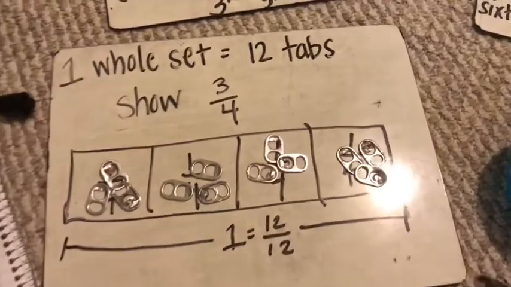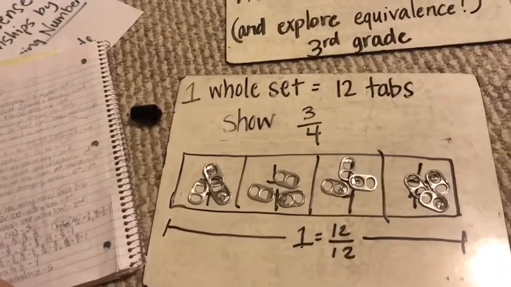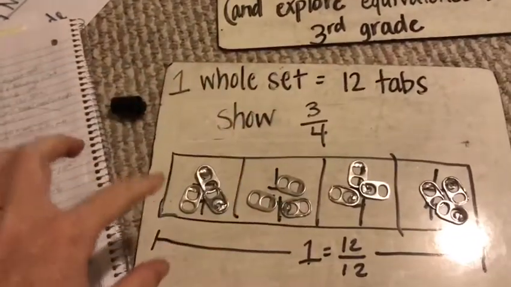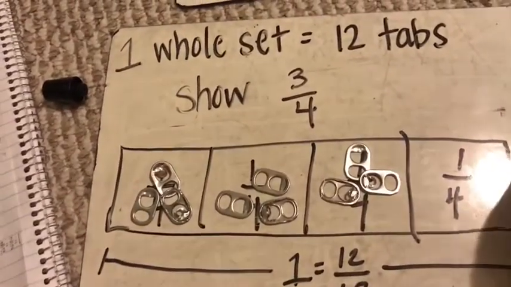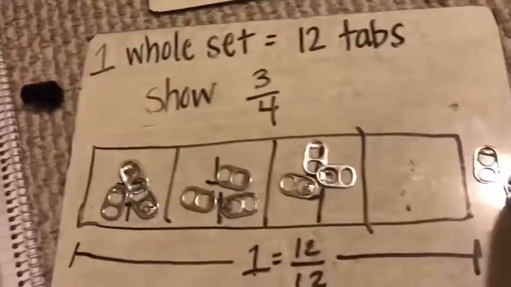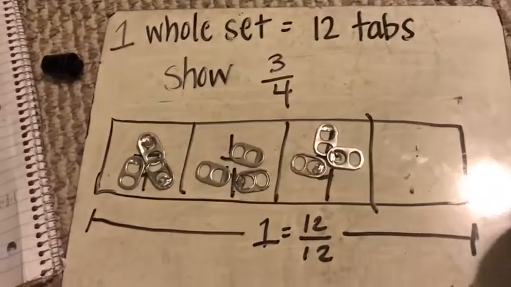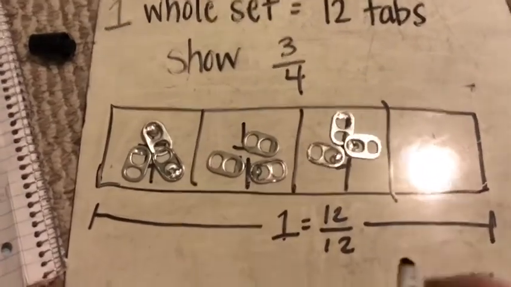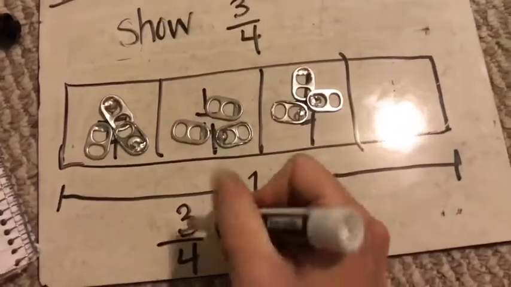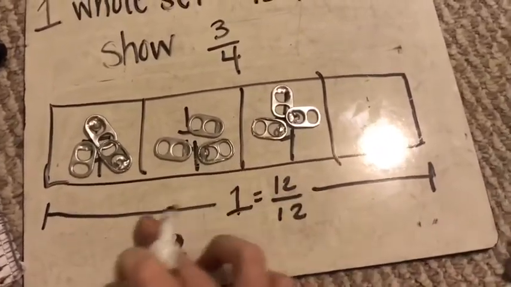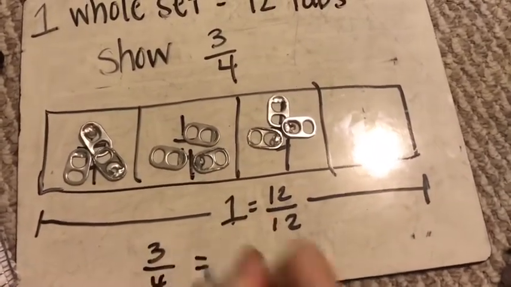Alright, so now I've taken my whole set of 12 tabs and I've divided it into fourths, or 4 equal parts. So if I want to show 3/4 with this set, then I don't need to think about this last fourth. I just need to figure out what's in 3 of those fourths. And so when I'm showing the 3/4 here, 3/4 of my set, well, what's another way that I can think about 3/4?